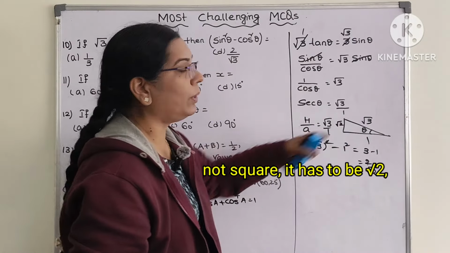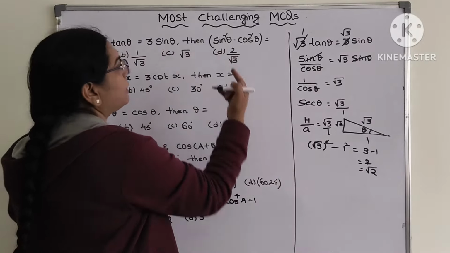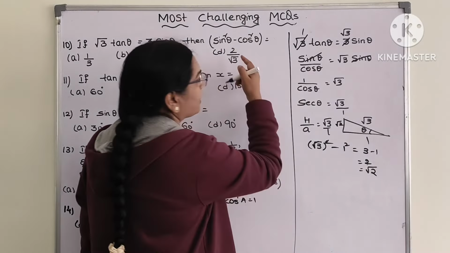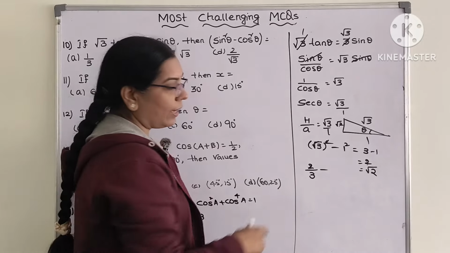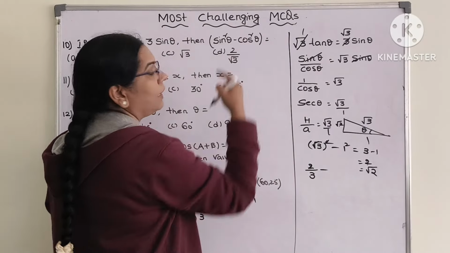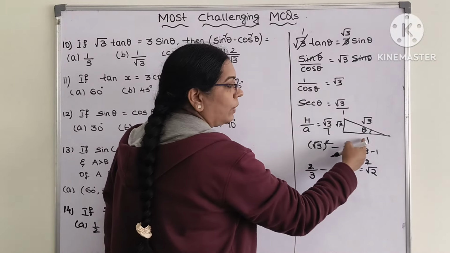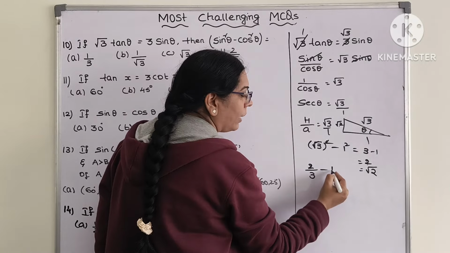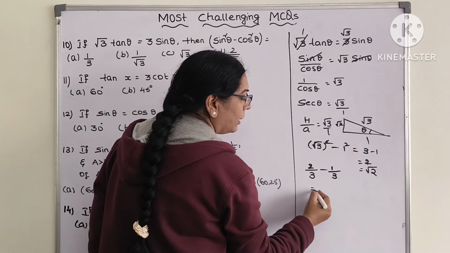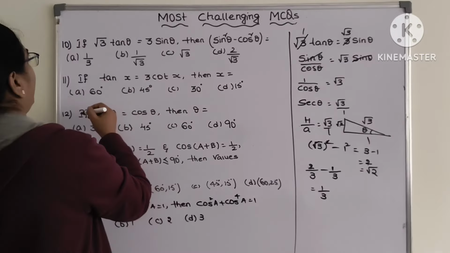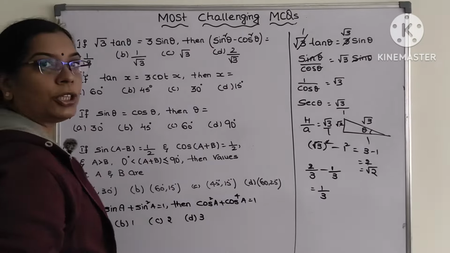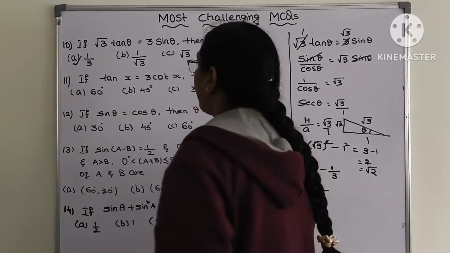So the missing side will be root 2. Now what is it that they asked? Sin square theta. Sin is opposite by hypotenuse. Since it is a square, it will become 2 by 3 minus cos square. Cos will be 1 by root 3. Square it, it will become 1 by 3. So the answer is 1 by 3. Where is 1 by 3? Option A is the correct answer.